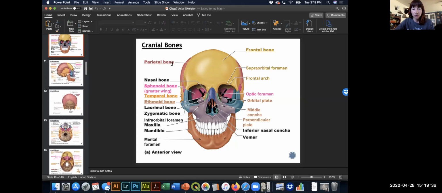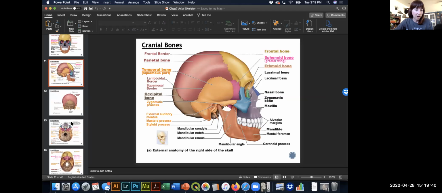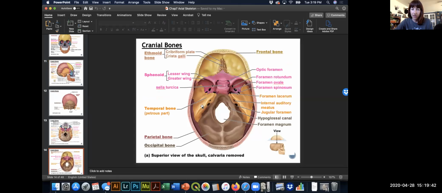Cranial versus facial bones. Cranial bones are the ones that are associated with the cranial cavity, so the ones that touch your brain, which includes the weird butterfly-shaped sphenoid bone and the funky little brain-shaped ethmoid bone, as well as the cranial bones that correspond with the lobes of your brain, right?